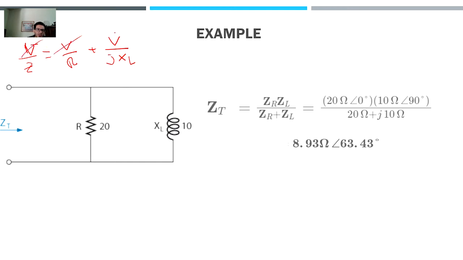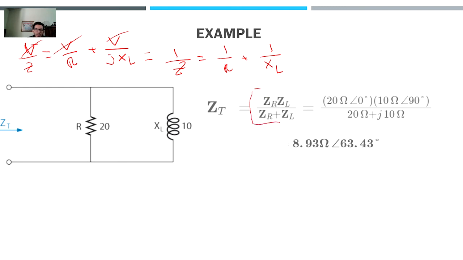So voltage is going to cancel, and this is basically the formula that we had before, which is 1 over the impedance equals 1 over the reactance of the resistor plus 1 over the reactance of the inductor.